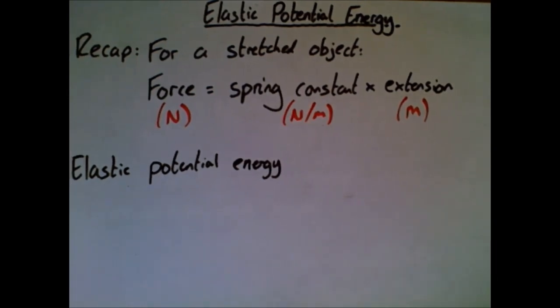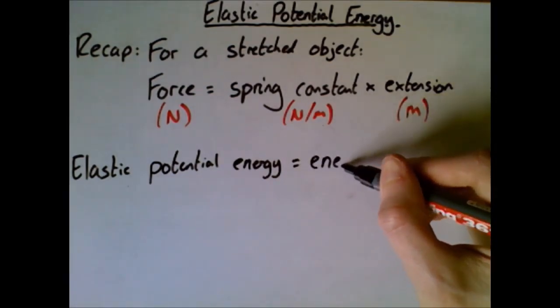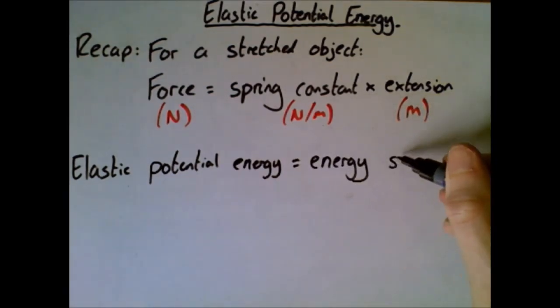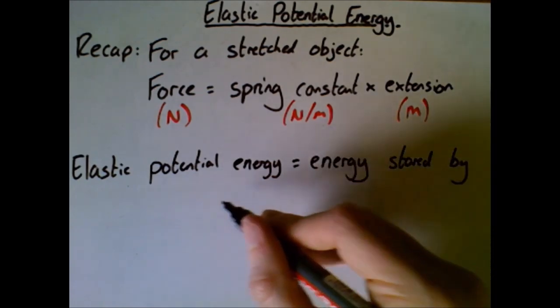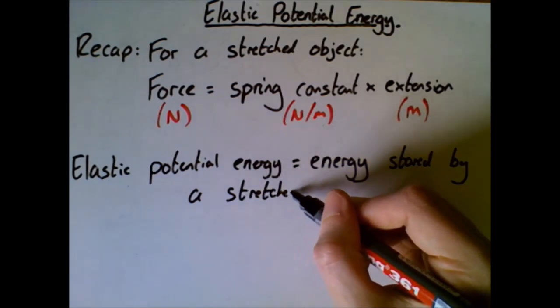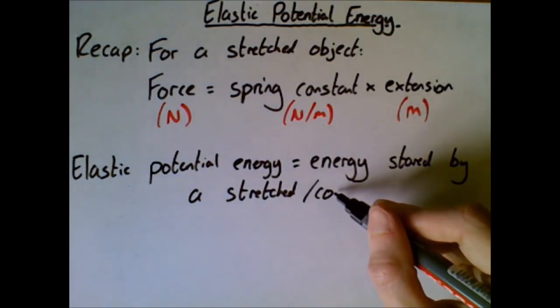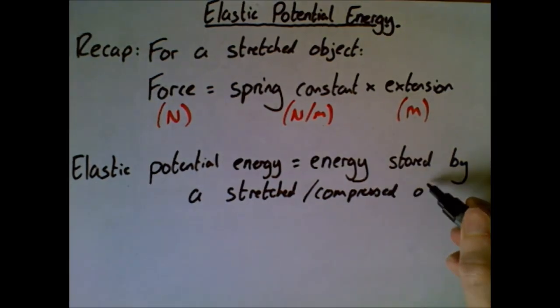Well, that energy is being stored as elastic potential energy. So it just means the energy stored by a stretched or, in fact, compressed object. Now, all this time, we will be using extension. If you were compressing an object, you would just use the compression instead. It's exactly the same formula.